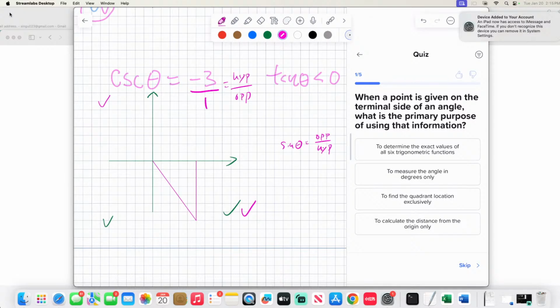Is that okay? And now since the cosecant is going to be the reciprocal of that, it will be hypotenuse over opposite, right? It's just the opposite thing. Okay, so now you say, hey, wait, is this negative?